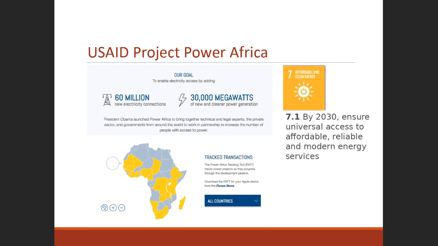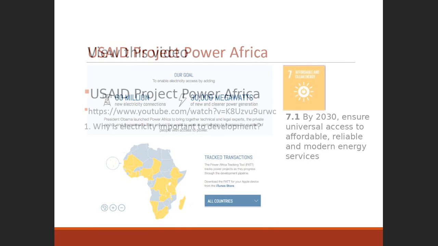Those have also been part of some of the projects. And so USAID has been doing this for about, I think the Project Power Africa actually was happening prior to the SDG launch, but it's been at least 6 or 7 years that this has been an ongoing project.